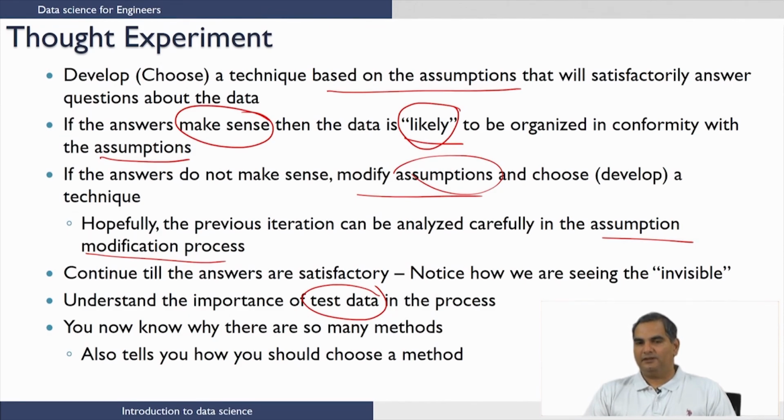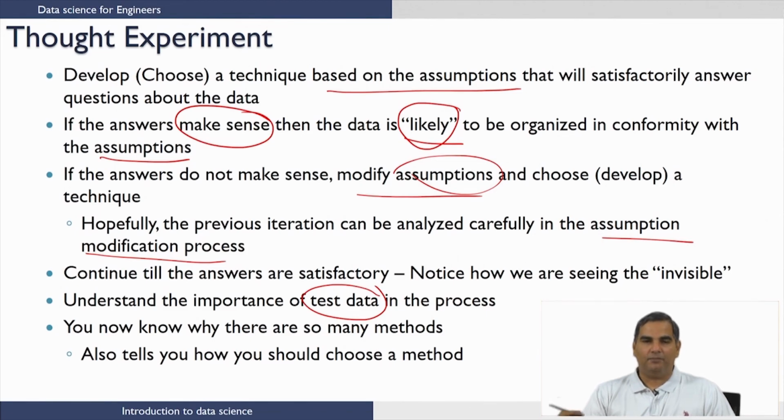So, in some sense, when you look at all of these techniques, it is not as important or as interesting to compare these techniques blindly in terms of this is better than the other one and so on, but it is more important, from a learning and understanding data science perspective, to look at each technique in terms of the assumptions that it makes about the problem that is being solved.